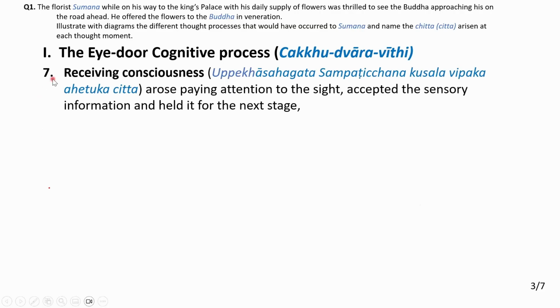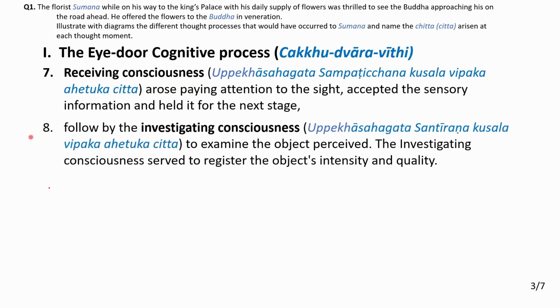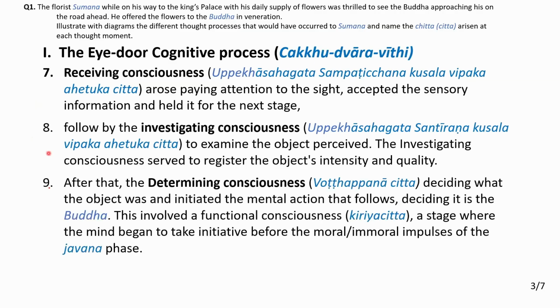This was followed by receiving consciousness, which paid attention to the sight, accepted the sensory information and held it for the next stage. Subsequently, followed the investigating consciousness to examine the object perceived. This investigating consciousness serves to register the object's intensity and quality.